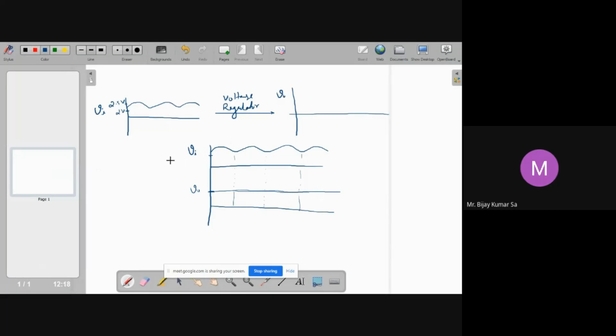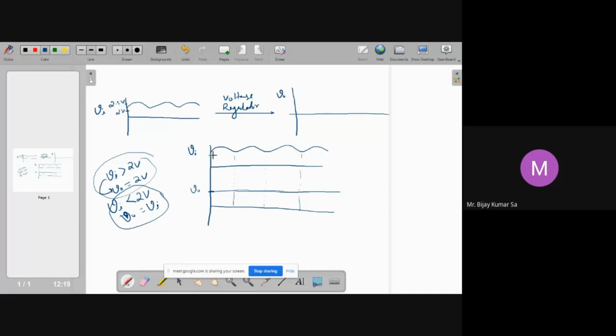For any Vi, how is the voltage regulator working? Whenever Vi is greater than 2 volt, V output will be equal to 2 volt. And if Vi is less than 2 volt, then V out will be equal to Vi. So this is how this voltage regulator is going to operate.